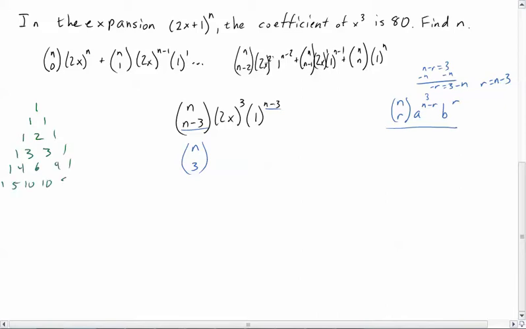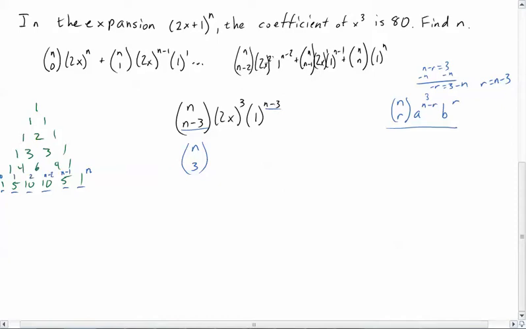You should be familiar with this enough that this is not weird to you. Notice, however, that opposite sides are always the same. It's symmetric, right? And so therefore, if this is n, that should be the same as 0. If this is n minus 1, this should be 1. If this is n minus 2, that should be 2.